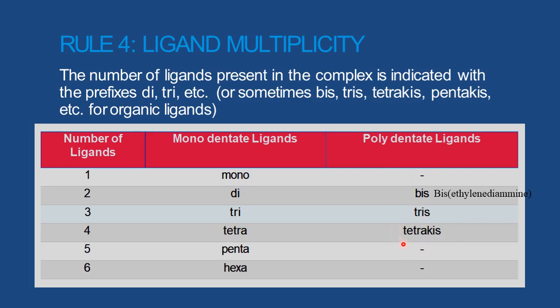For example, we know a bidentate ligand, which is classified as a polydentate ligand, like ethylene diamine. So if we have two ethylene diamines, then the prefix we use is bis. So for two ethylene diamines, we write bis ethylene diamine. It means we have two ethylene diamine molecules.